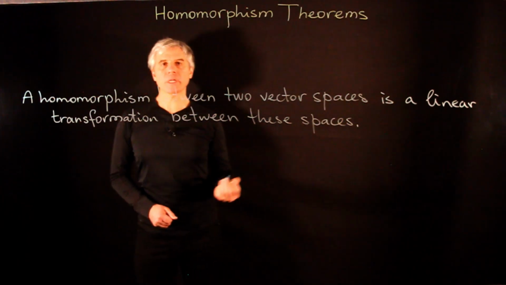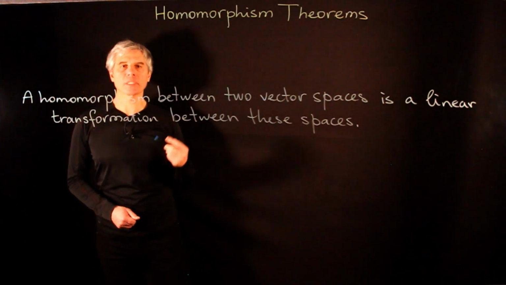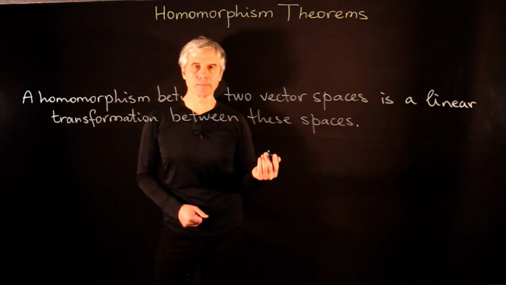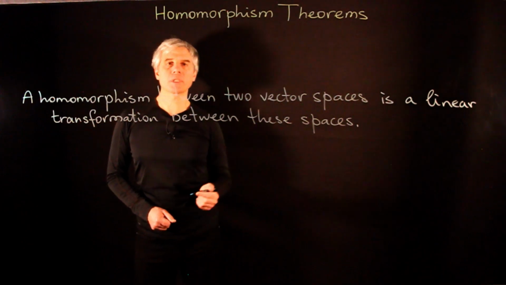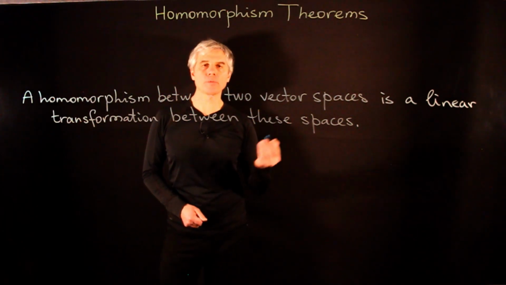But we will also consider homomorphisms of other algebraic objects. So, for example, homomorphisms of groups. And these theorems that we're going to discuss today will have analogs for other algebraic objects as well.